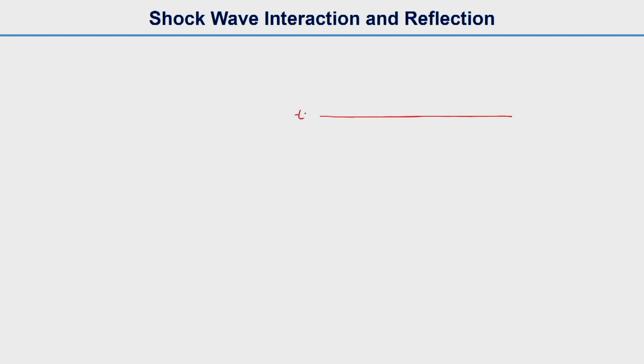Let's assume at time t equal to t naught, we have two shock waves approaching each other, and the pressure is P1, and when they encounter each other, this will look something like this.